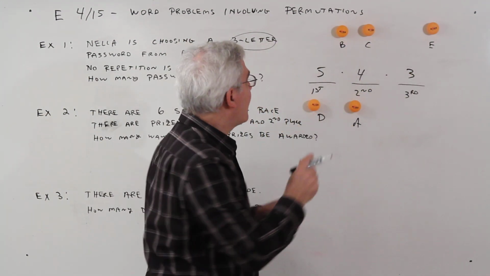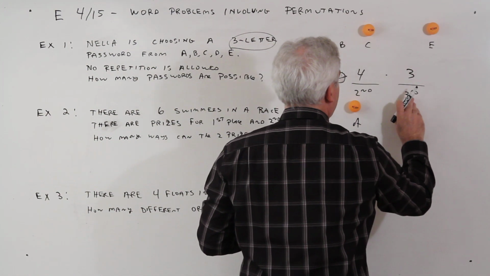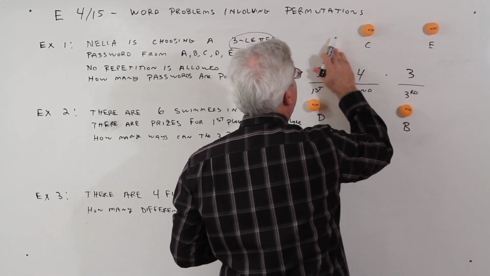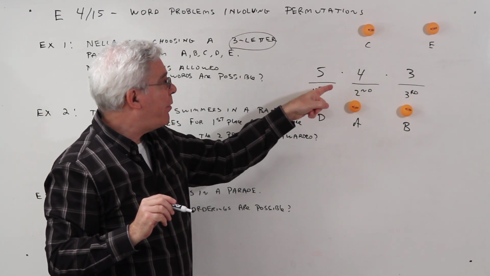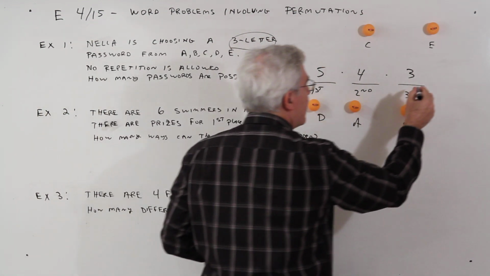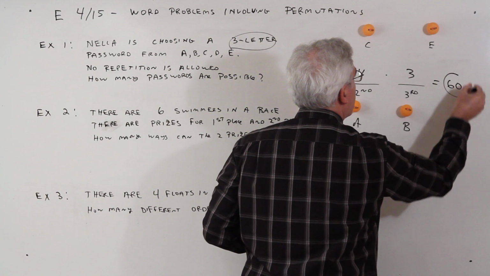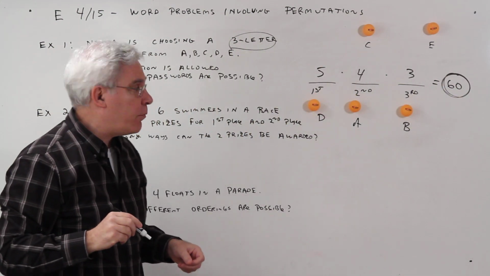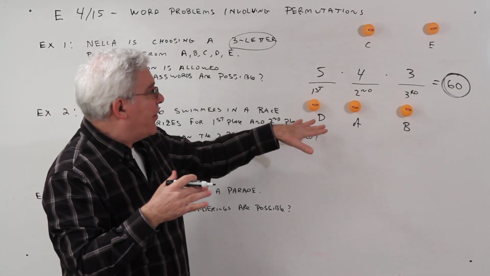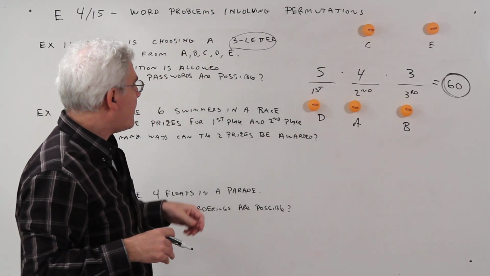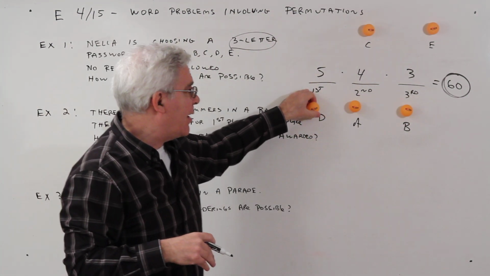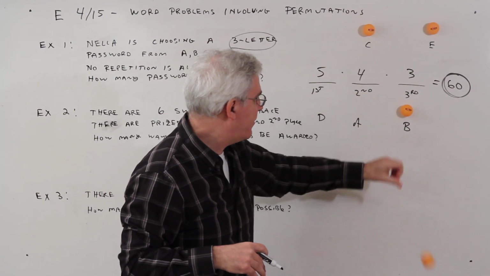And you might have guessed, it'll be B. So there's 5 times 4 times 3, and you multiply that out, and you get 60. So there's 60 possible passwords. This one in particular password was DAB. Okay. I won't use the ping pongs anymore. Hopefully you get the idea.